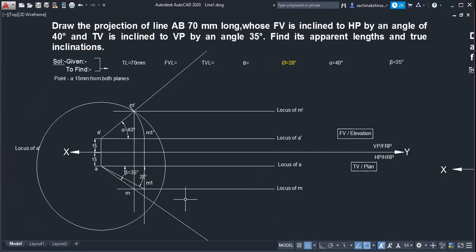Like this, on line AM1, whatever it extends, that line will cut the circle somewhere. Which point will that be?